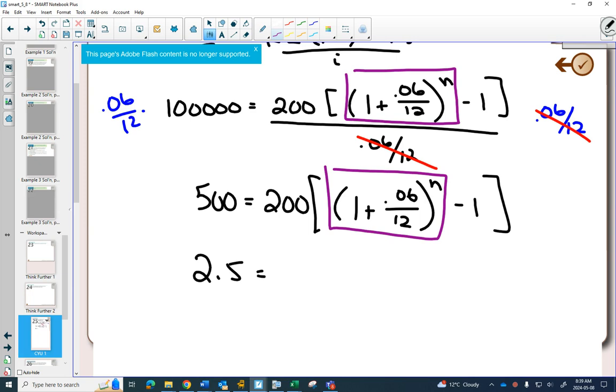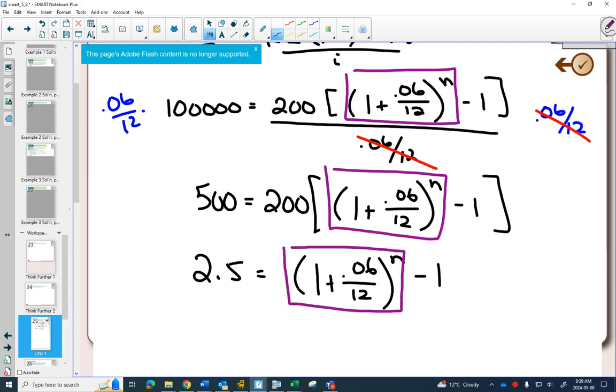And now that I've got that 200 out, do you see that these big square brackets are no longer necessary? They're not actually doing anything anymore, so I could just write the 1 plus 0.06 divided by 12, to the n, minus 1. I'm so close to getting my power by itself.